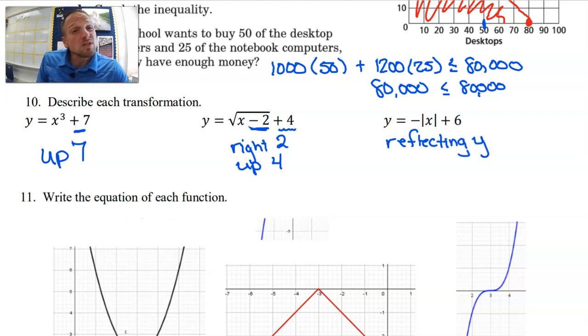I would also say that if you wanted to just say we're flipping it down, I would take that. It's maybe not the best way to say it, but I understand what you're saying. And then also that plus 6 means we're going up 6.